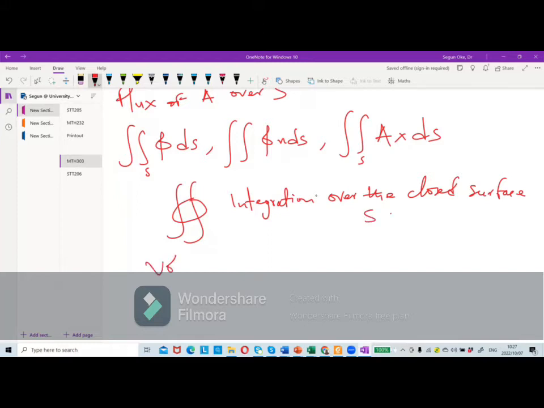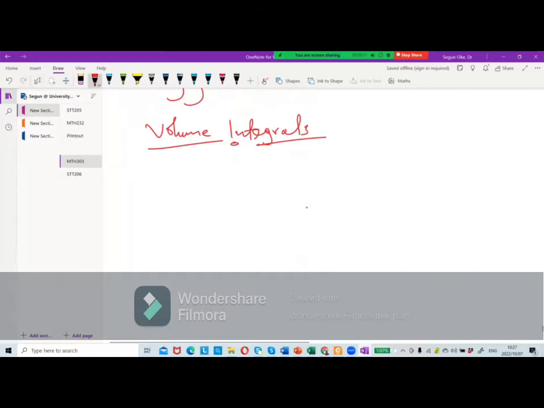So let's look at the volume also. I'll give us the definitions, then we continue. Consider a closed surface enclosing a volume V. Then we have the integral of A dV, this is a triple integral, we are working with volume.